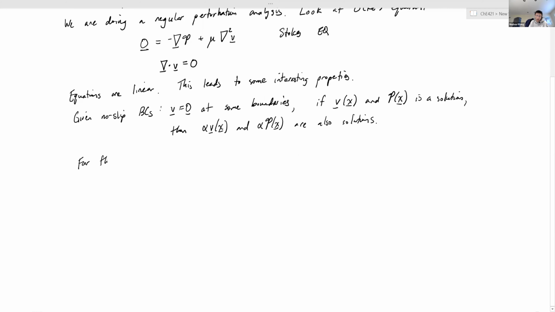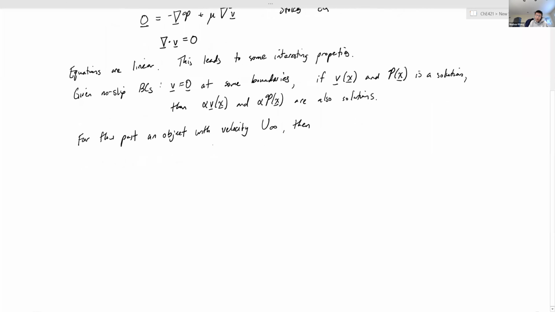We've been talking previously a lot about flow past an object. So for flow past an object, let's say that flow has a velocity of u infinity. Then the velocity has to be proportional to u infinity. Everything's linear, so everything has to be linearly proportional. And the pressure is also going to be proportional to u infinity.